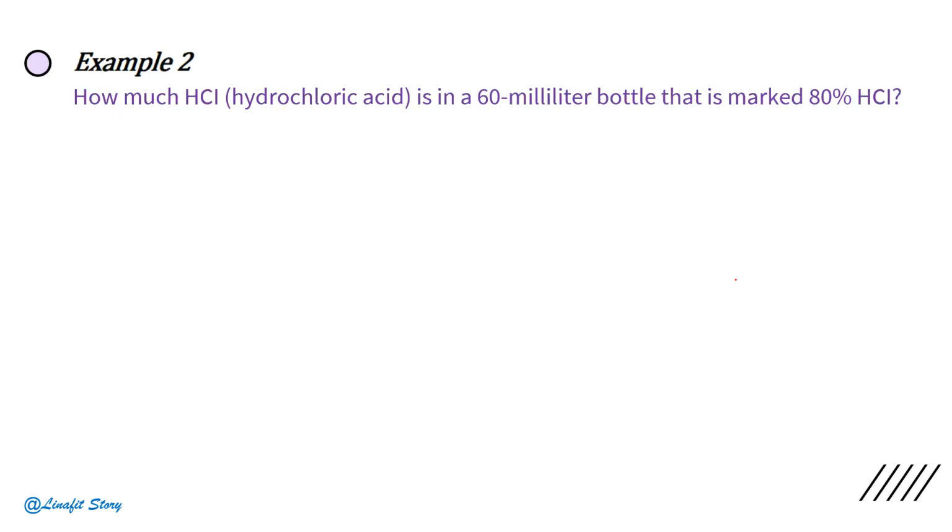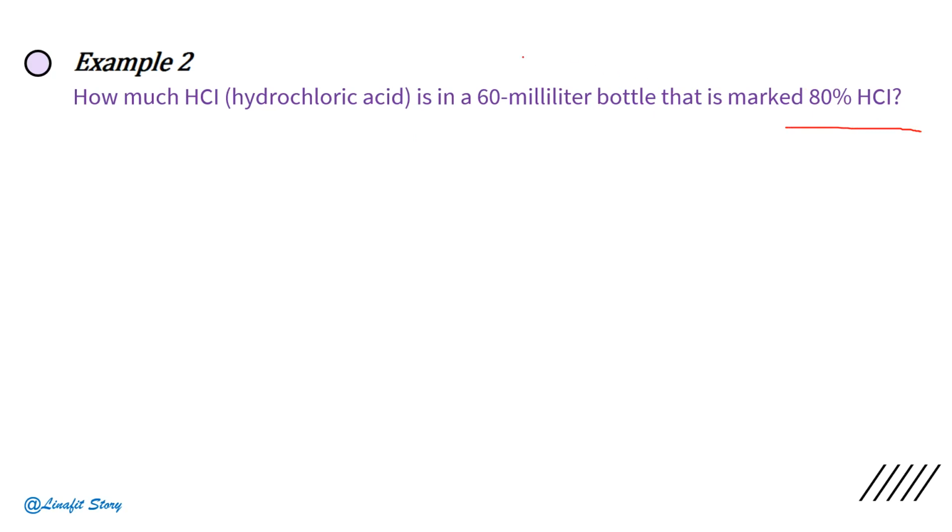Example 2. How much HCl, hydrochloric acid, is in a 60 ml bottle that is marked 80% HCl? If the bottle is marked 80% HCl, this means that 80% of the solution is HCl and the rest is water.